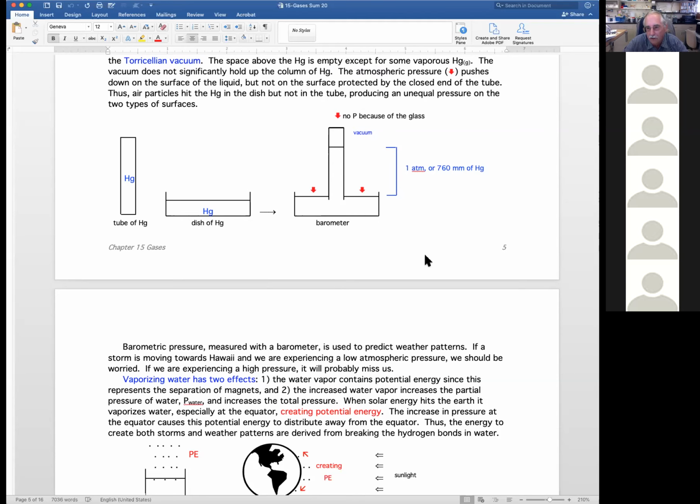Should we be worried? The answer is yes, because the storm is going to follow where the low pressure is. What if we're in a high pressure zone? And the answer is, you don't have to be that worried, because that will push the storm away, hopefully.